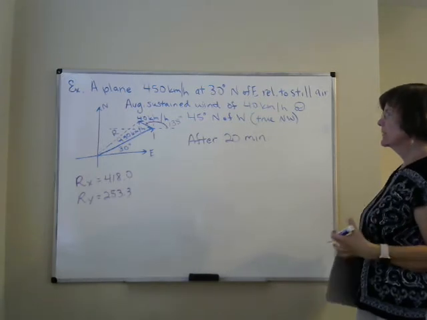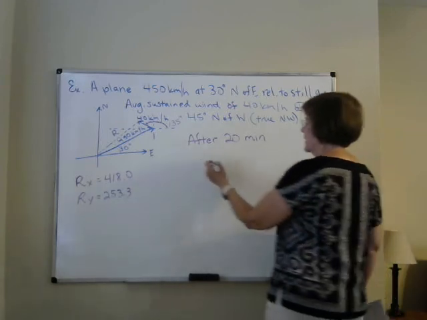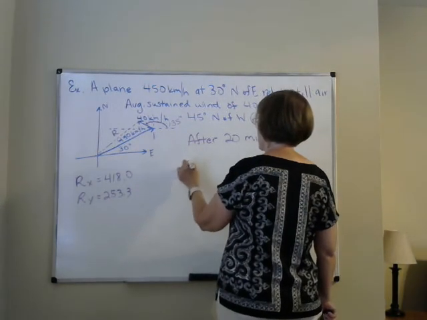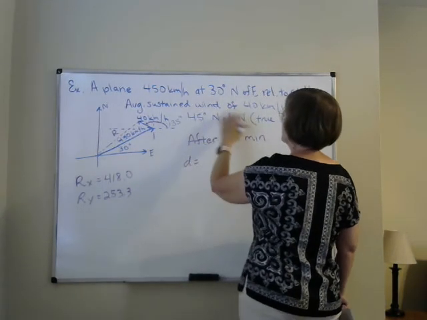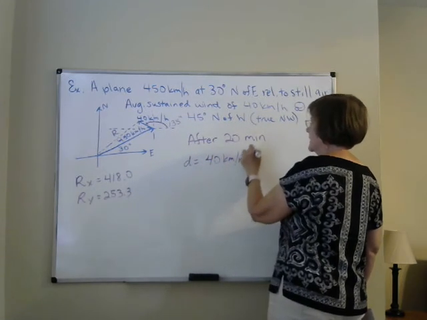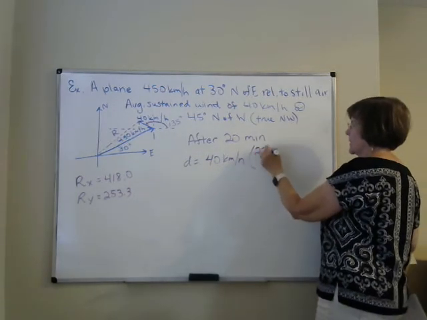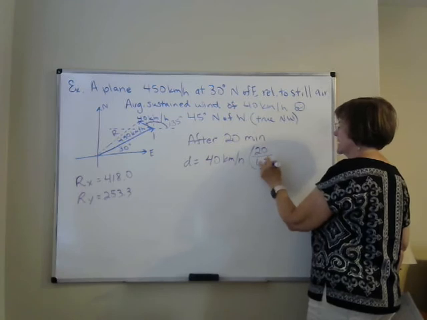The only thing we have to look at to see how far off course he'll be is what the wind did. So the distance from the wind is going to be 40 kilometers per hour multiplied by the time in hours. The time in hours will be 20 minutes over 60, which is 1/3.